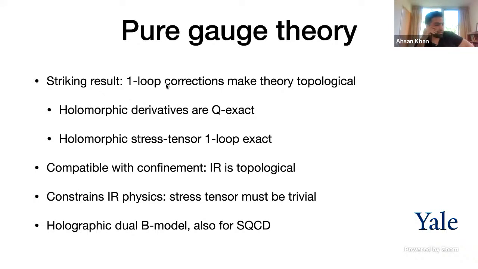So there is a holomorphic L-infinity algebra associated to the pure gauge theory. You're saying that this holomorphic L-infinity algebra is actually quasi-isomorphic to a standard L-infinity algebra. I don't know if I would call them L-infinity precisely, but yeah, I would say that it's an E3 algebra.